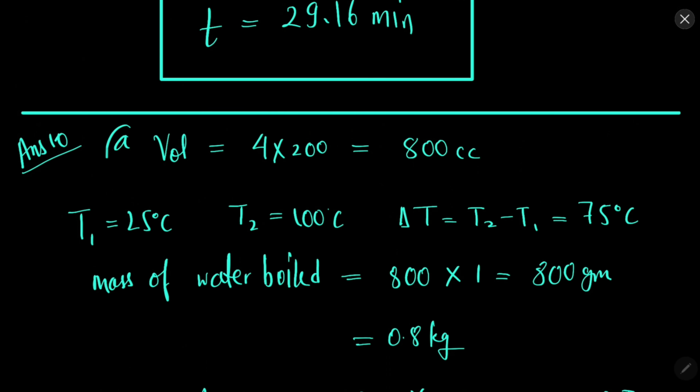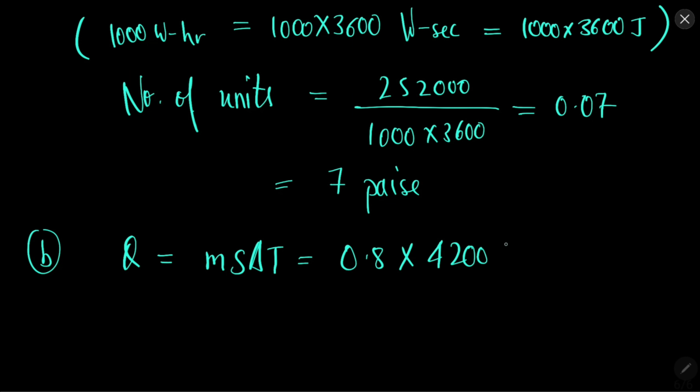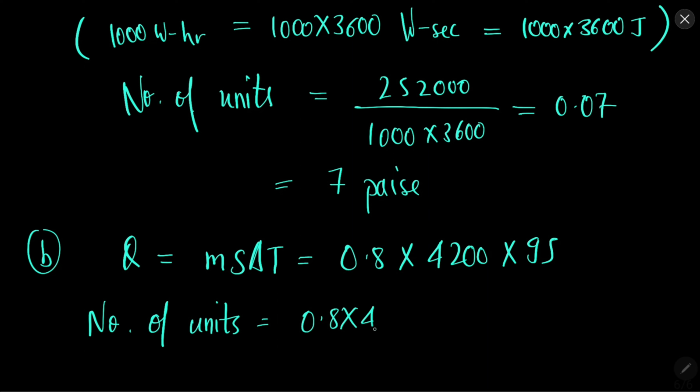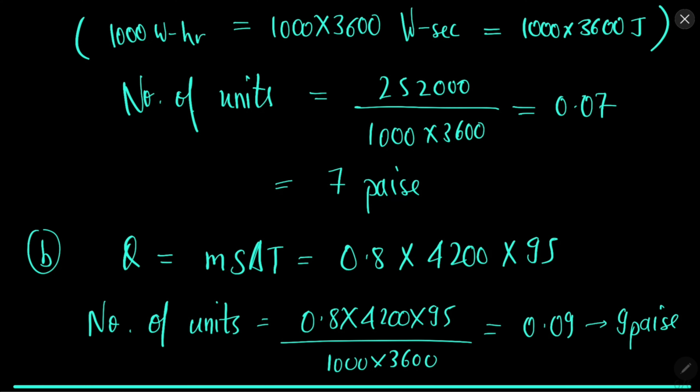This was the A part. B part. If temperature difference is 95, then number of units will be 95 times 4200 times 0.8 over 1000 into 3600, 0.09, that is 9 paise in this situation.